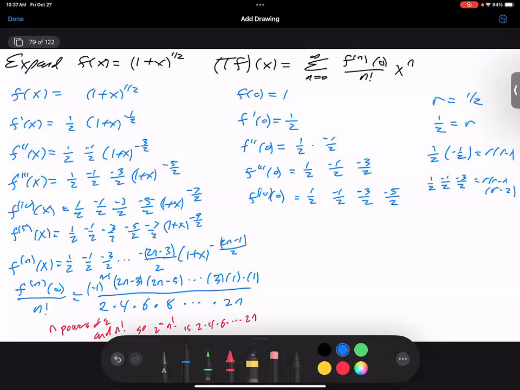Do these look like anything you've seen before? Yeah, it looks very similar to the numerator for n choose k.